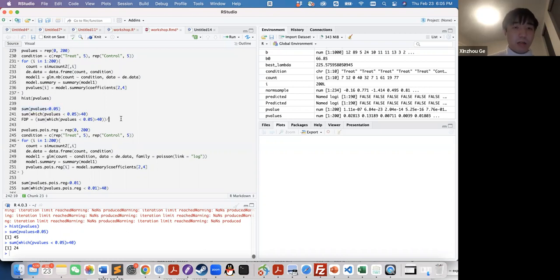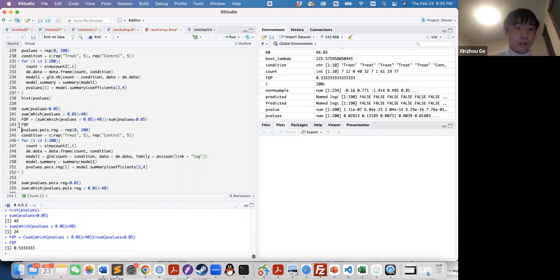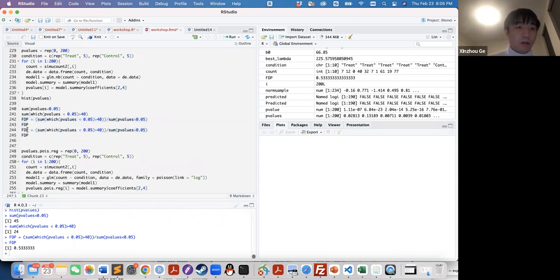So this will be our FDP. And we will also have the power. The power will be the number of true discoveries. So we want to see which of the discoveries are true discoveries. And a true discovery will have an index smaller than or equal to 40.